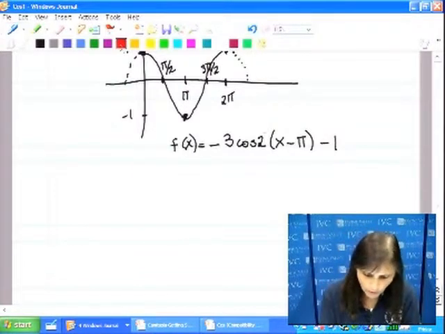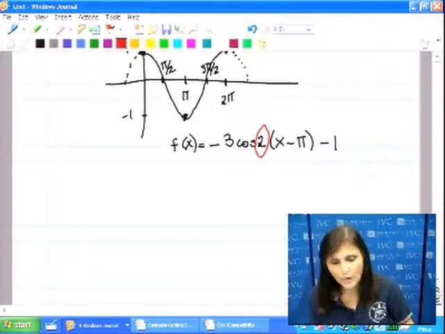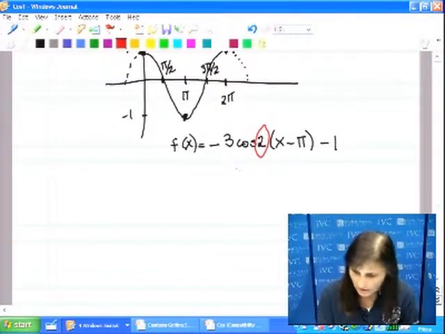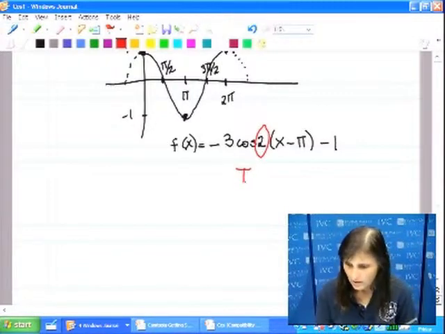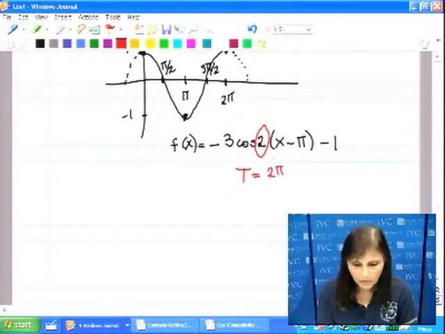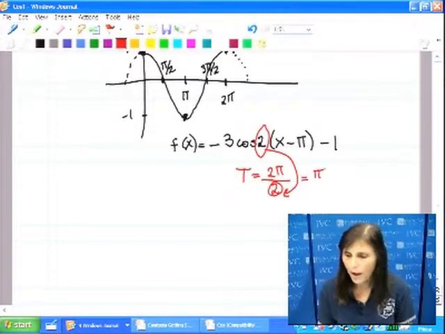First I'm going to look at the number in front of the parentheses. That is the number that modifies the period. My period for regular cosine is 2 pi, and you just simply divide by that number. So your new period is pi.